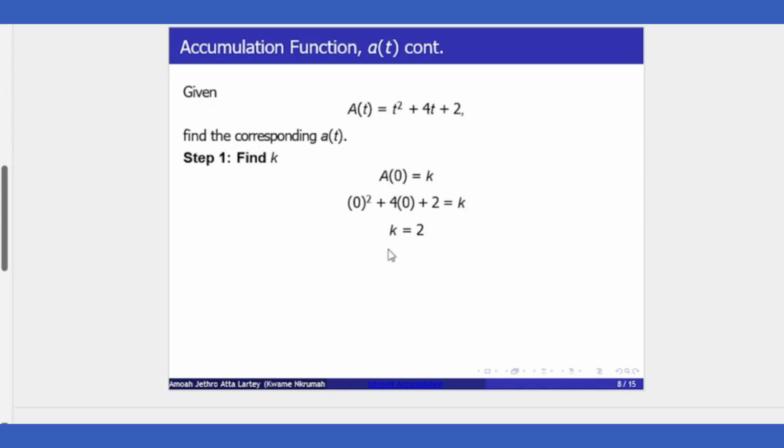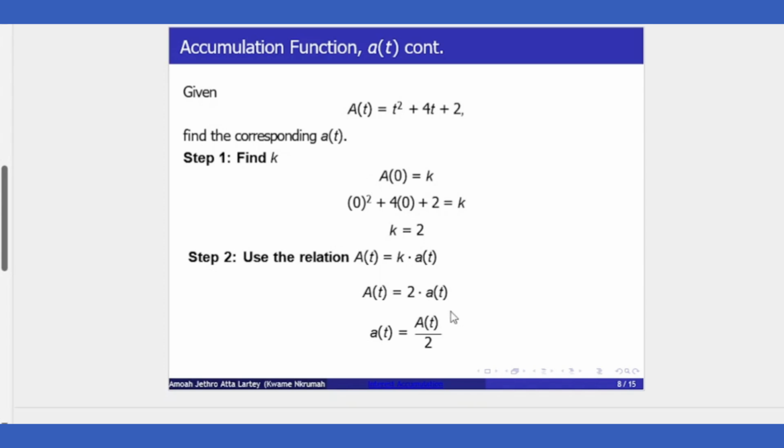So the next step is what? You use the relation. I told you you will need it. The amount function is equal to the initial investment times the accumulation function. But what are we looking for? We are looking for the accumulation function.